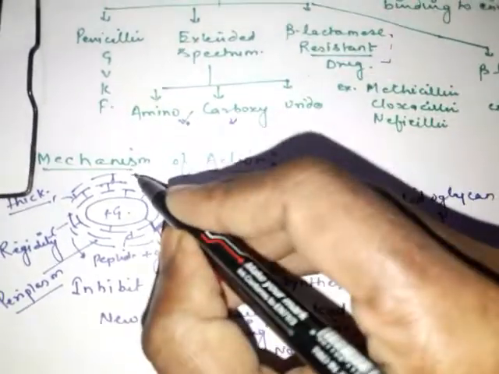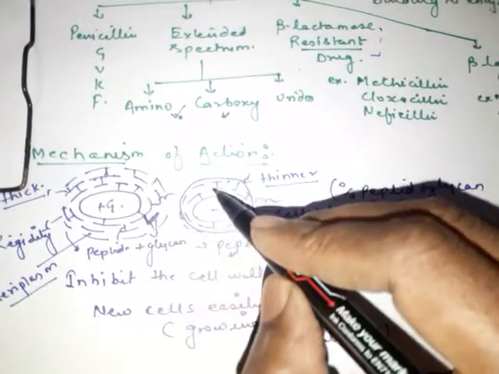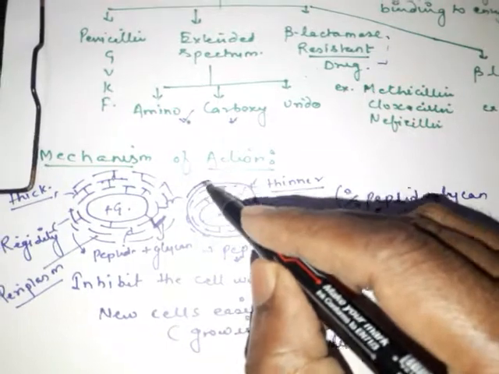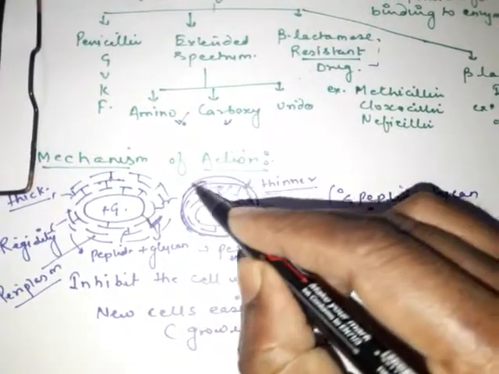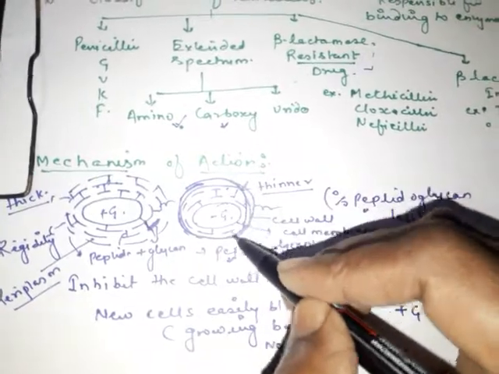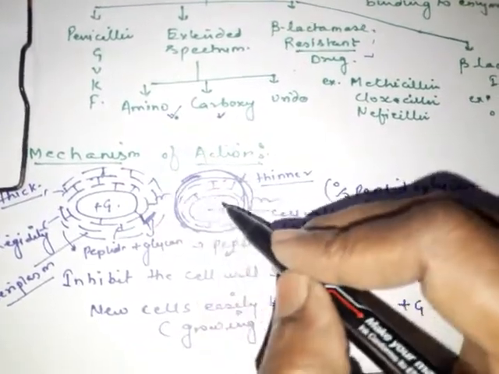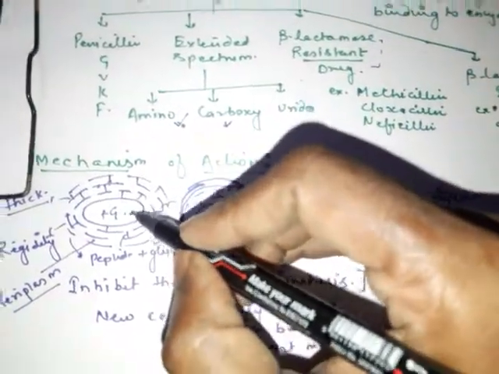This peptidoglycan is very thick in gram positive bacteria, while in gram negative it is thinner. In gram negative, the outer cell wall is surrounded by a very thick layer, so penicillin is not active against gram negative, while it is much more active in gram positive.